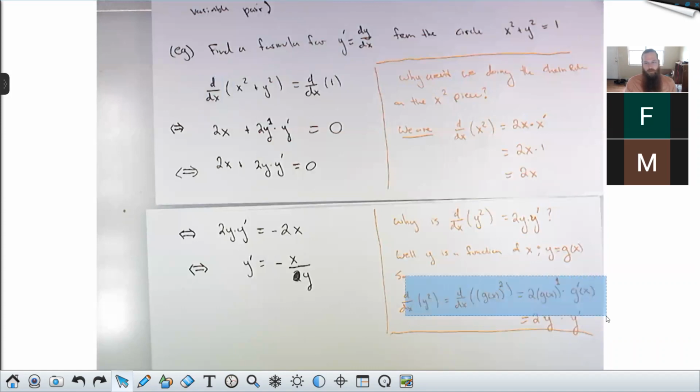So again, I point you down to this thing. Think of it like this. It's the chain rule. If y is g of x, then d dx of y squared is d dx of g of x all squared. If we differentiate this expression using the chain rule, do you see how we get this expression out?